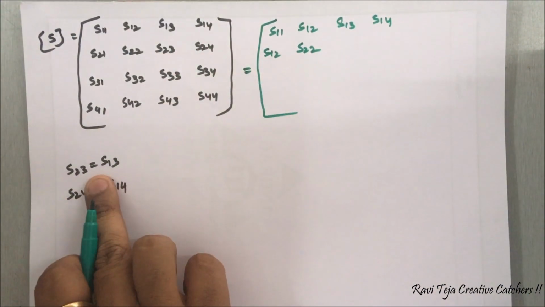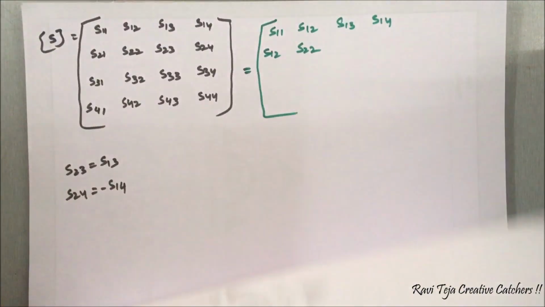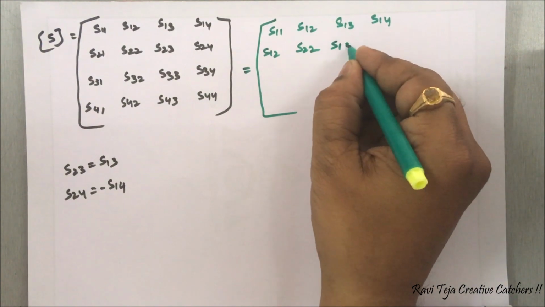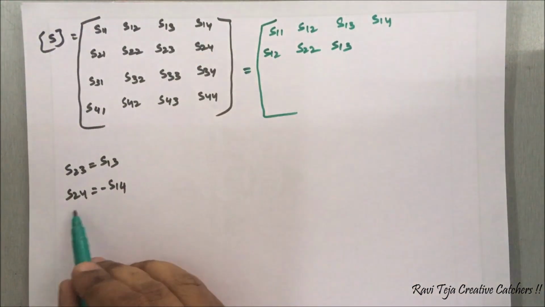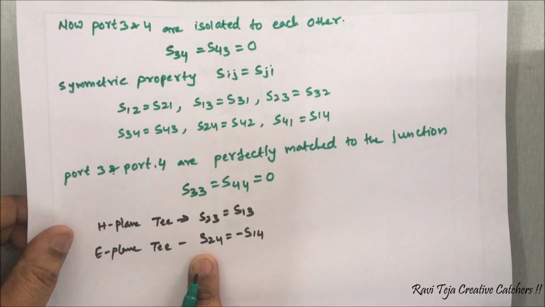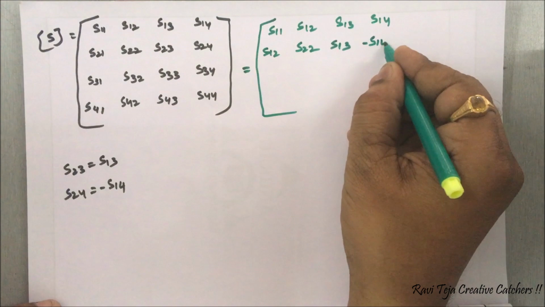S23 is S13, we have already seen, right? So S13. S24 is minus of S14, from E plane T.